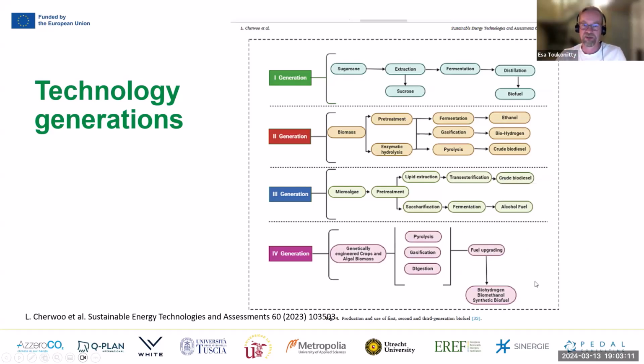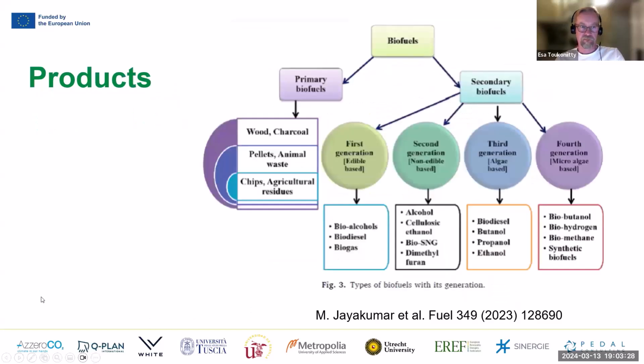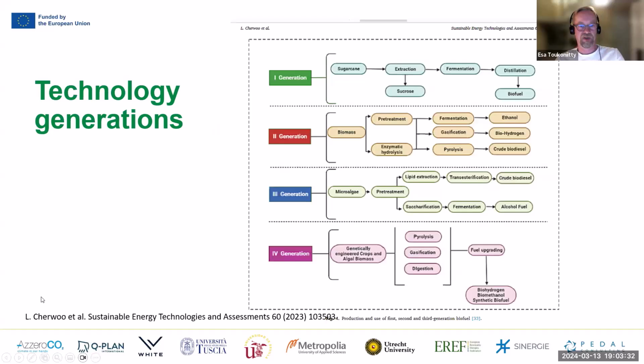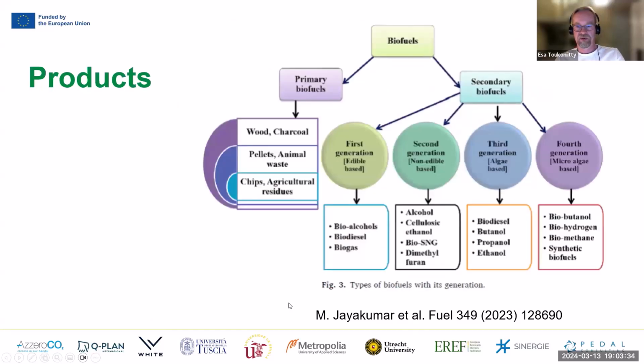This is, I think, if you want to make synthetic biofuels, this is a very simplified representation of that process. But in any case, products-wise, I found this from also one source.